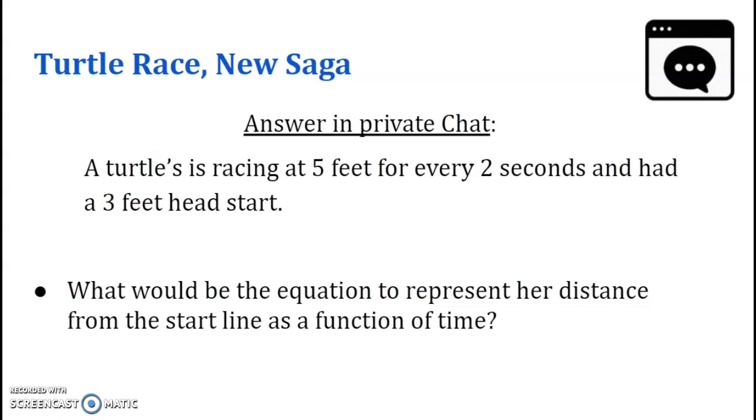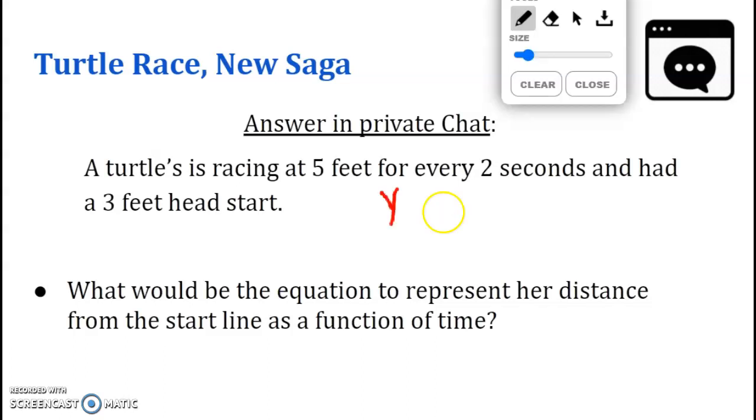Again, because we need y is equal to mx plus b, we need to be thinking about what is m and what is b. M is 5 feet for every 2 seconds. We don't want it for 2 seconds, we want it for 1 second. So what do I do to 5? I need to divide by 2.